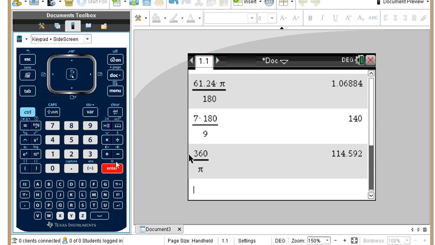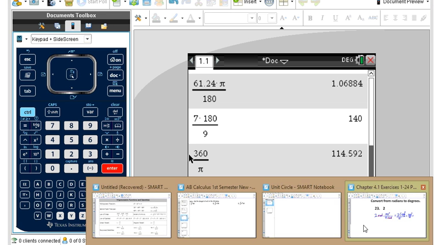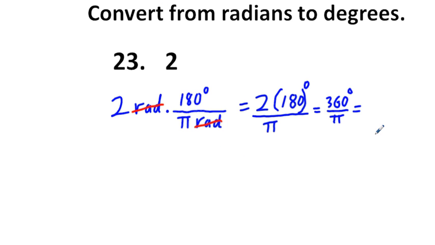We get 114.592. Okay, that's going to be in degrees.